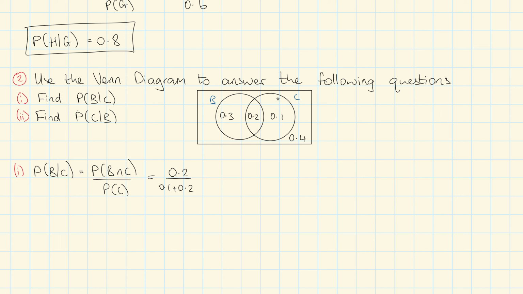Always for Venn diagrams, just make sure you account for all of C. So that's 0.2 over 0.3, which is 2 over 3, and we'll leave that as a fraction. It's a little bit neater.